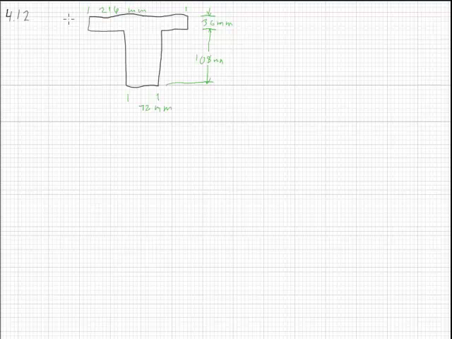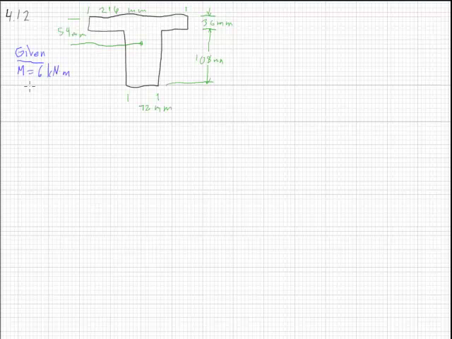And the centroid is pre-calculated for us at 54 millimeters. Also given for this problem is the moment at this point, which is 6 kilonewton meters.